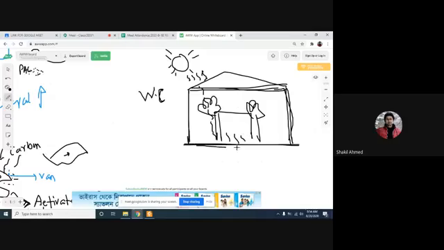Now, when it cools down, the radiated energy has a much higher wavelength, so it cannot pass through the glass.